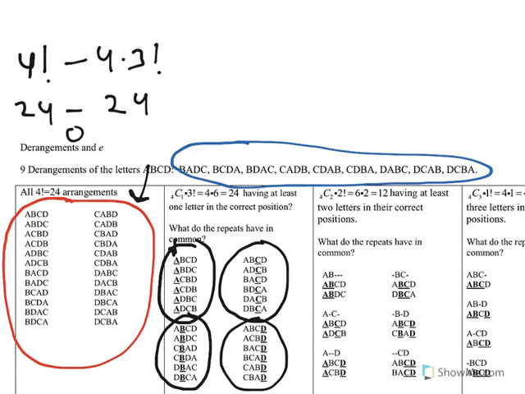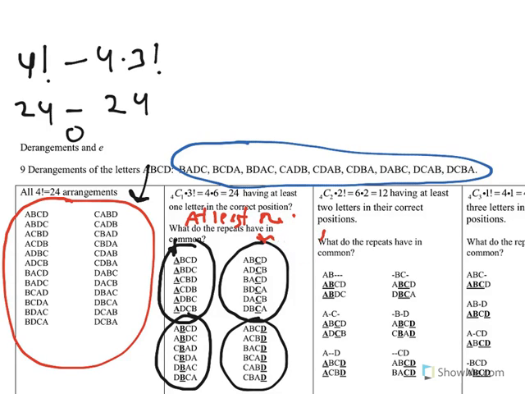And there are a lot of these repeats. Let's say DBCA has B and C in the right place, and there it is over there. So there are repeats, and there's even this ABCD is located 4 times. So we took away too many things because we took away the repeats.